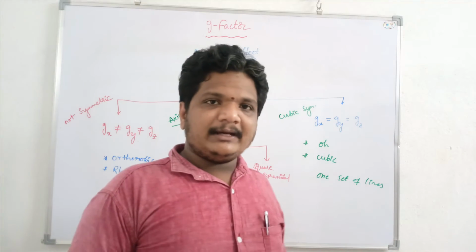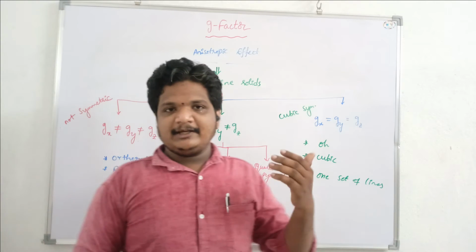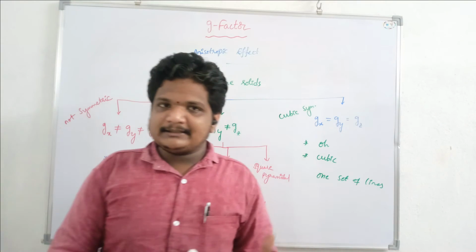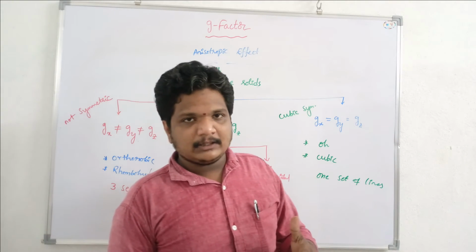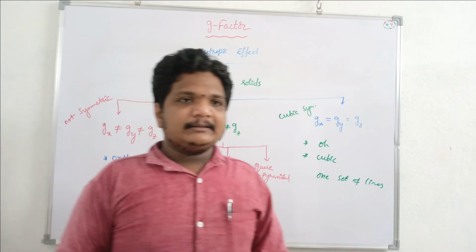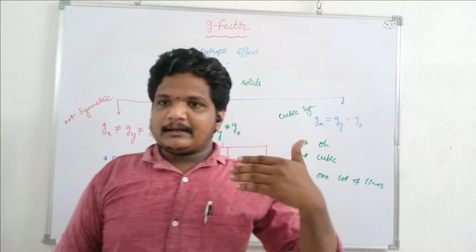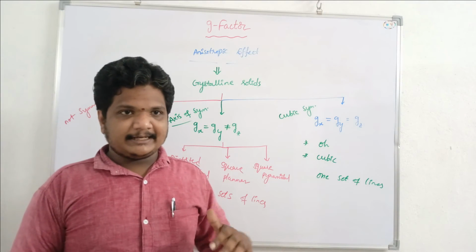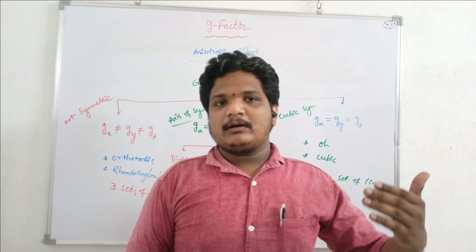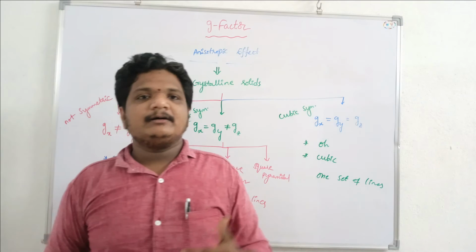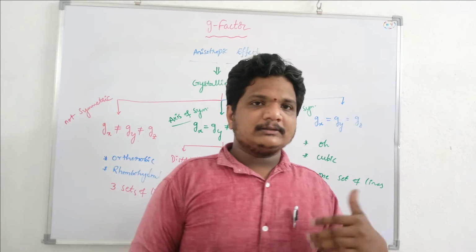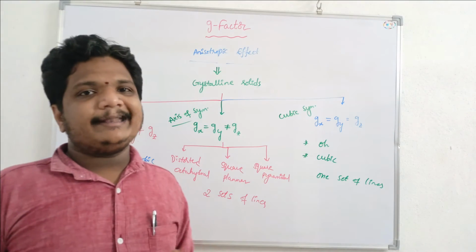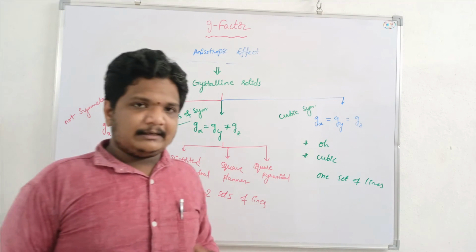Generally we observe the g perpendicular case and the g parallel case. By using g perpendicular and g parallel, how do we find out whether a complex is a distorted octahedral, or whether the compound will have the Z-out case or the Z-in case? That is, which direction will have more electron density and which direction will have less. We can identify all those things using the isotropic and anisotropic effect. So let us see one by one.